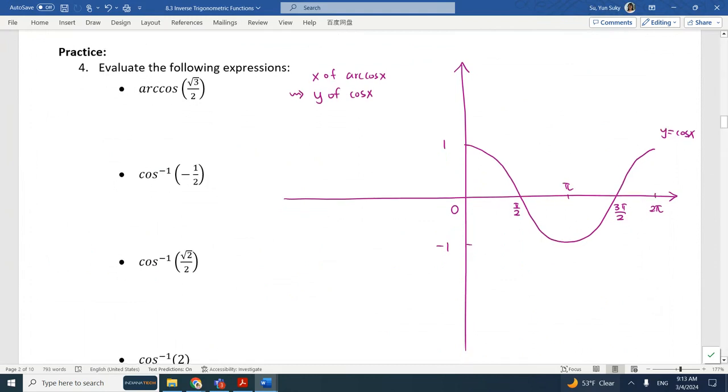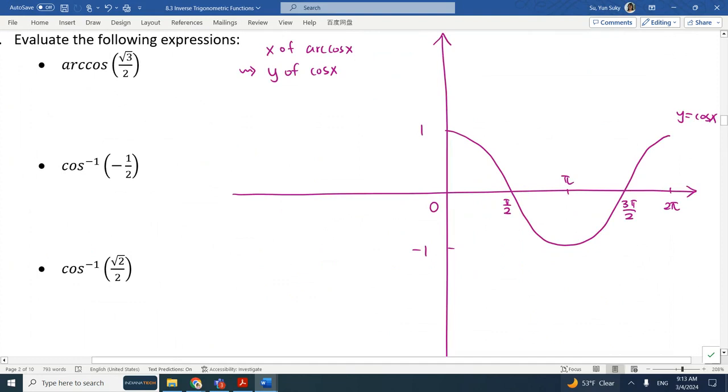Now, because we're looking at the special angle values, you need to draw more. The first quadrant corresponds to the angle from 0 to pi over 2, right? In the middle is pi over 4.